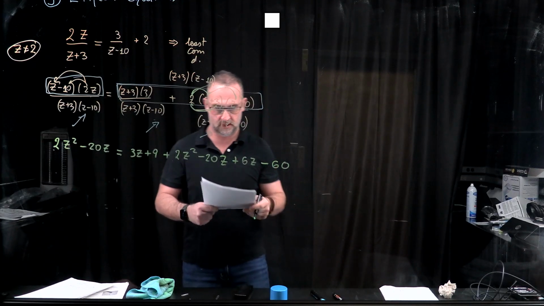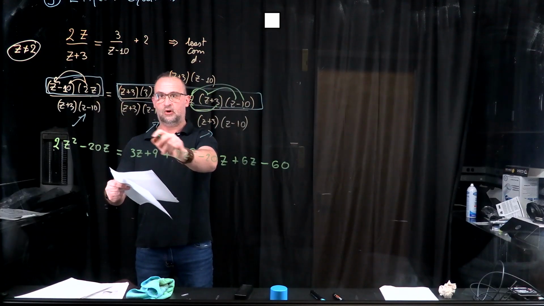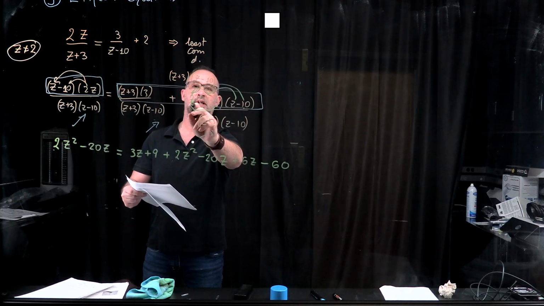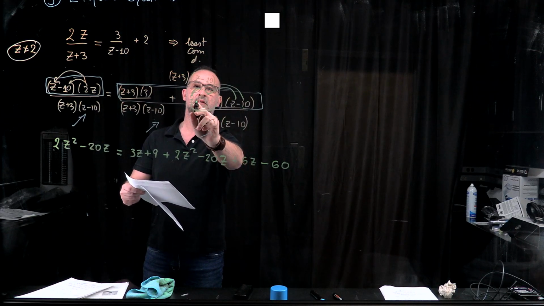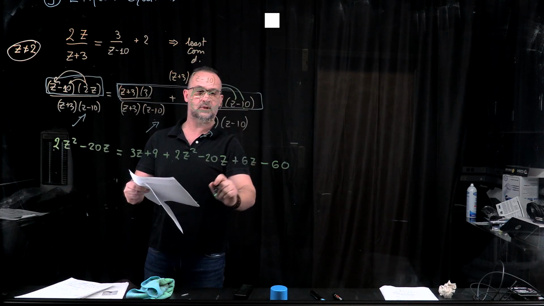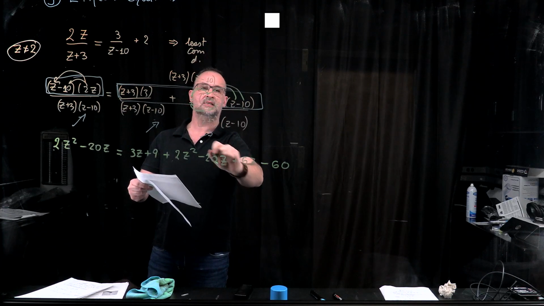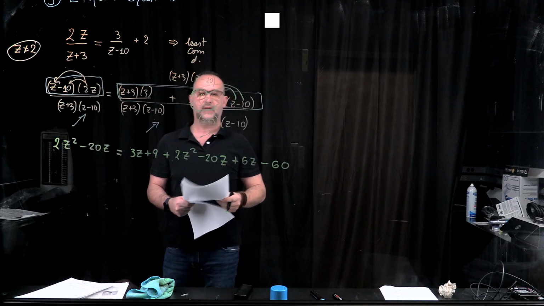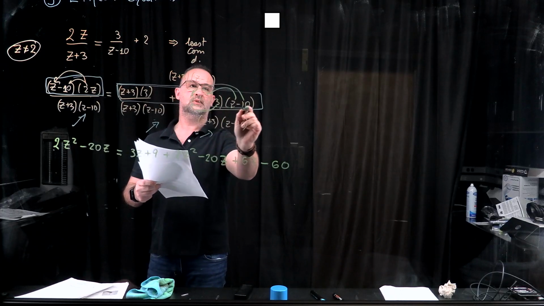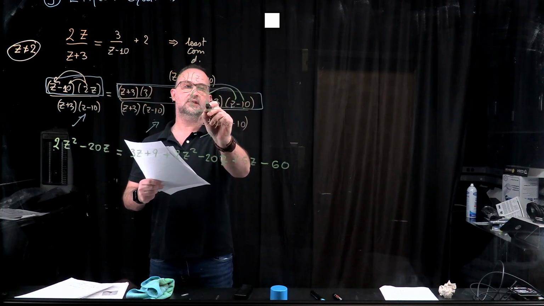Let's make sure that this algebraic expression is correct. There is no harm in always checking, and this is where I can make a mistake, obviously. 2z squared, this is then 2 times 3, 6, minus 60, here it is. 2 times 3 times z, that is my 6z, and finally my negative 20z, which is this times this.